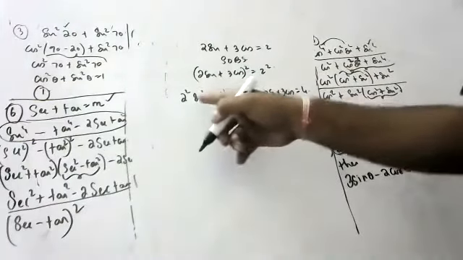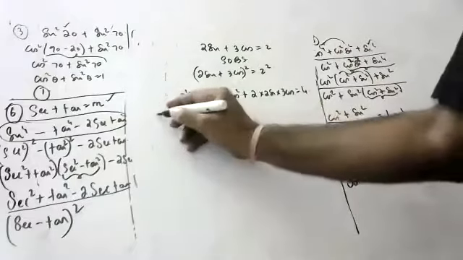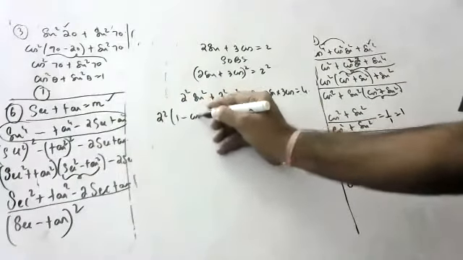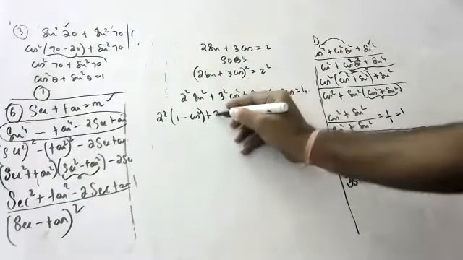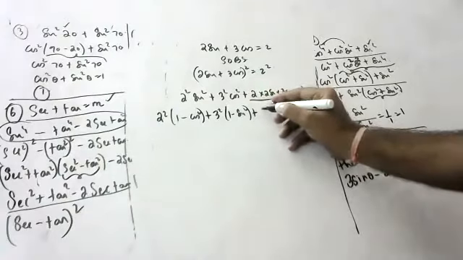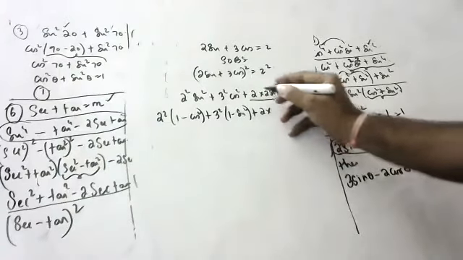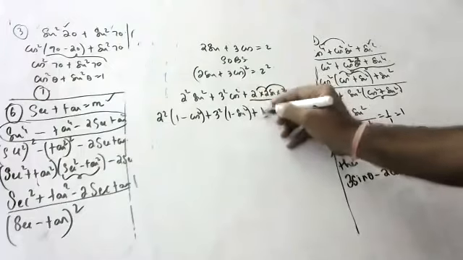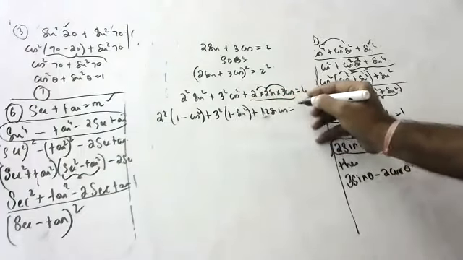So children, wherever sin² is there, we want to bring it to cos. So I will write 2² into (1 − cos²), and wherever cos² is there, I will make it 3² into (1 − sin²). Don't change this, children. 2 into 2 into 3 is 12. So 12 sin θ cos θ = 4.